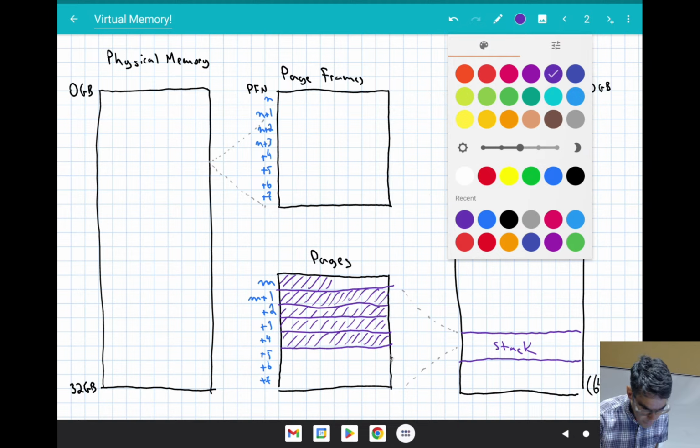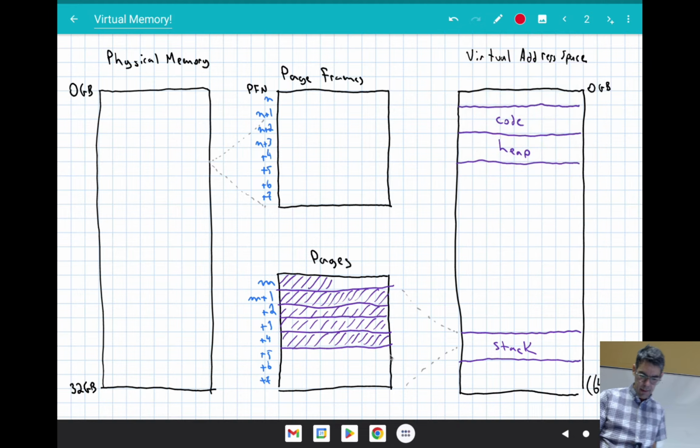The pages are not really lying out here in space. They're literally put into main memory directly, into the page frames that we have in main memory. So page M plus 1 here is going to be allocated to page frame N plus 5.